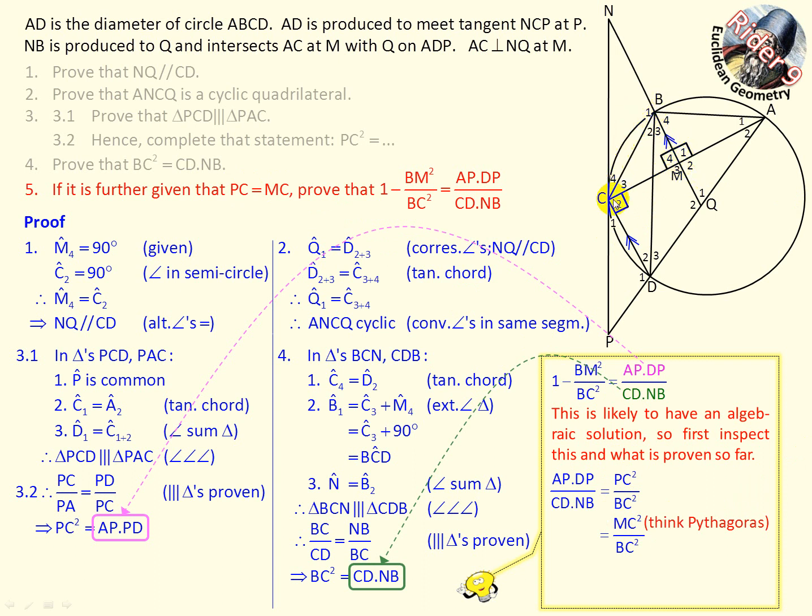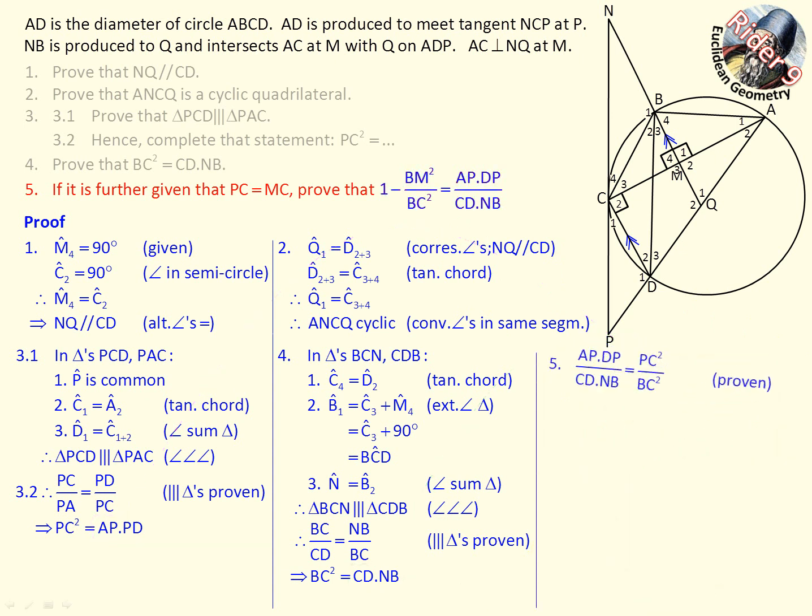That's in this little right-angled triangle here. It's not the hypotenuse. BC squared will equal MC squared plus MB squared, but MC squared will equal BC squared minus BM squared. Which if you divide, we've got BC squared over BC squared minus BM squared over BC squared, and that's exactly what we want.